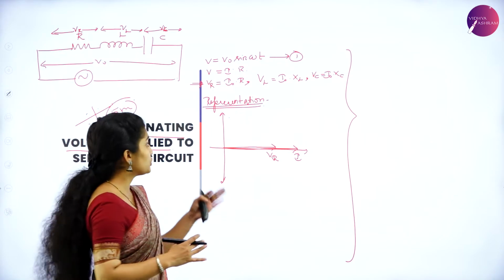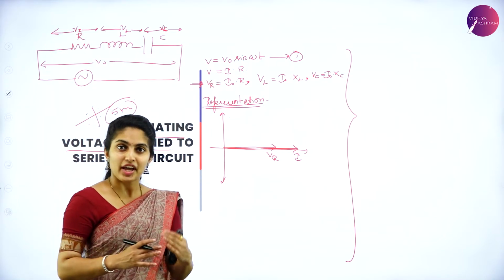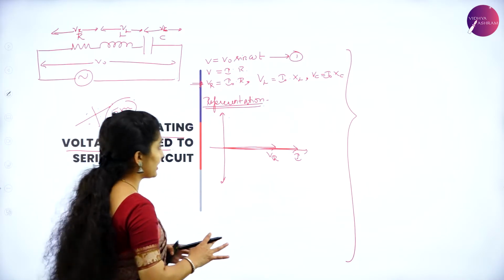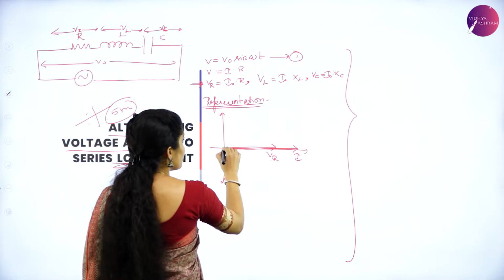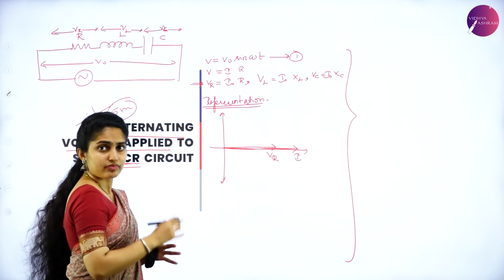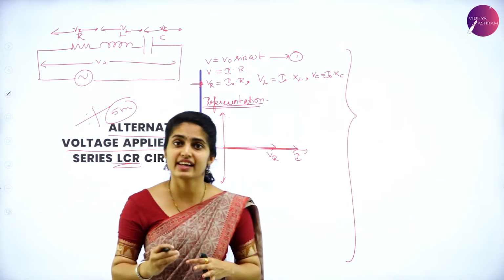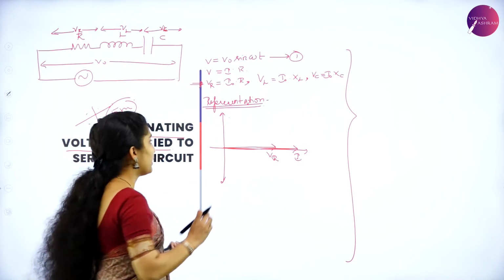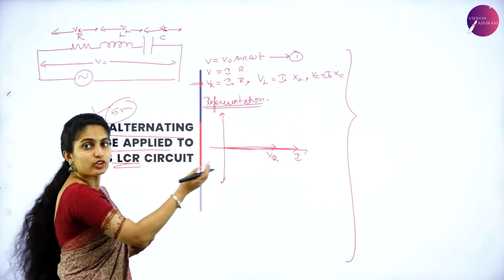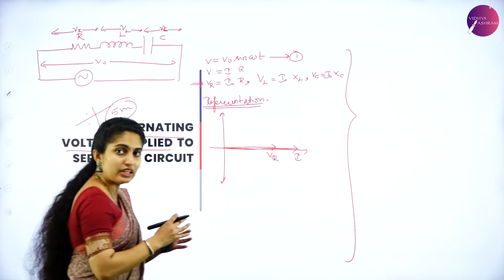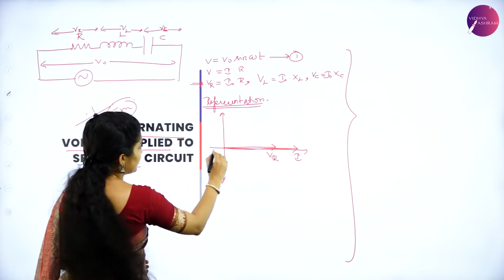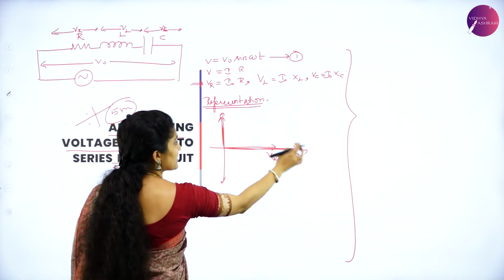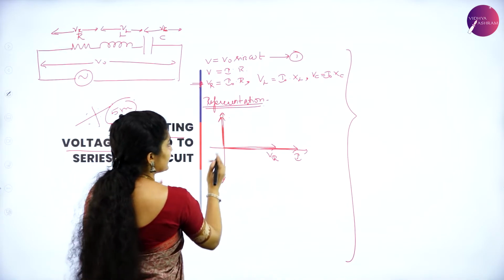Next we go on to alternating voltage applied to an inductor. In the inductor case, the voltage leads and the current lags. The voltage leads the current by 90 degrees, which is shown at 90 degrees along the y-axis.